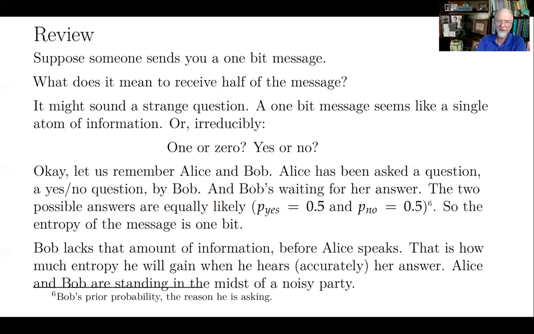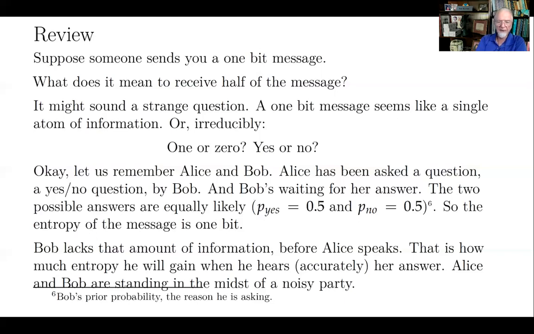Possible answers are equally likely, 0.5 yes and 0.5 no. Now, obviously, Alice's probabilities are considerably different, or he wouldn't ask her the question. But he's ignorant, and he trusts her to have the proper answer, so he asks her for her answer.